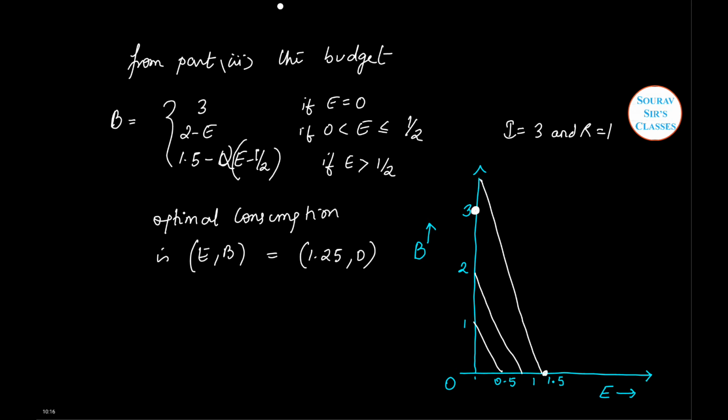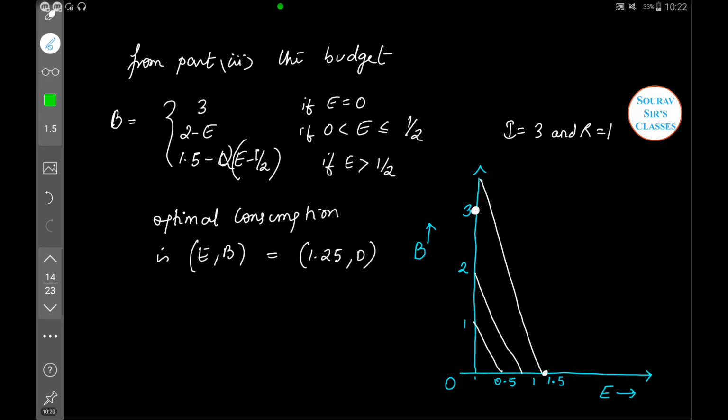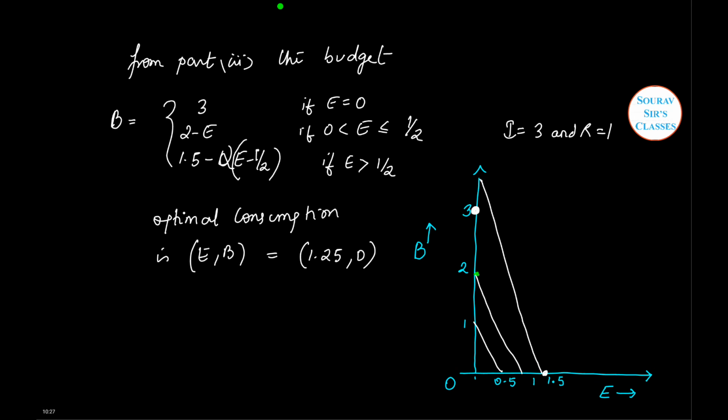Let us draw the budget line now. It will look something like this. This will be our budget line, and the two axes measure electricity and butter.